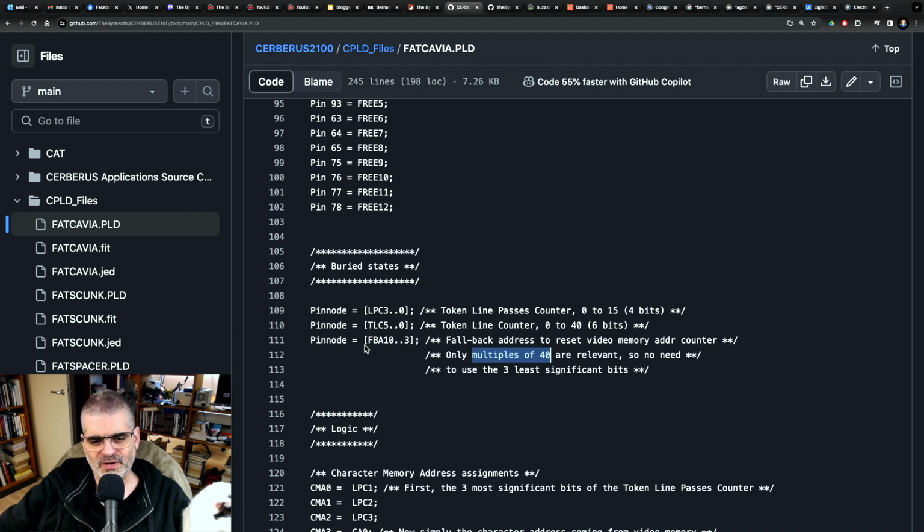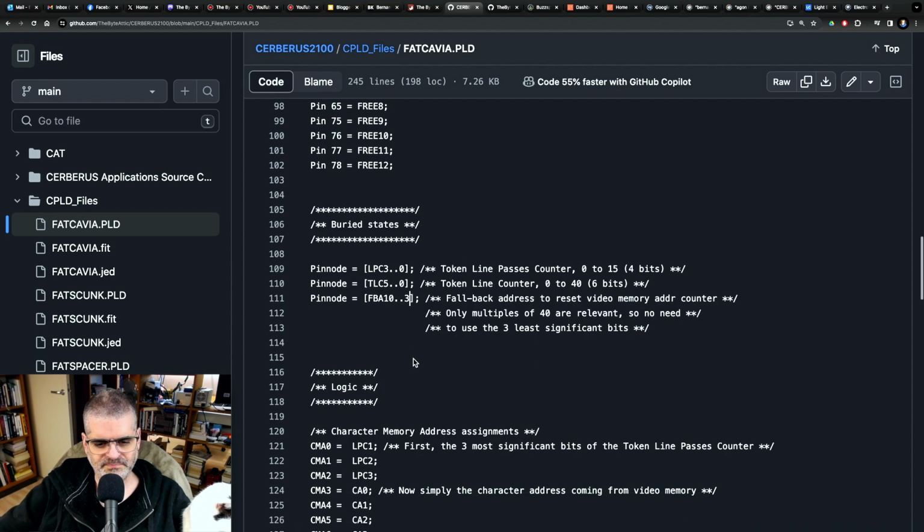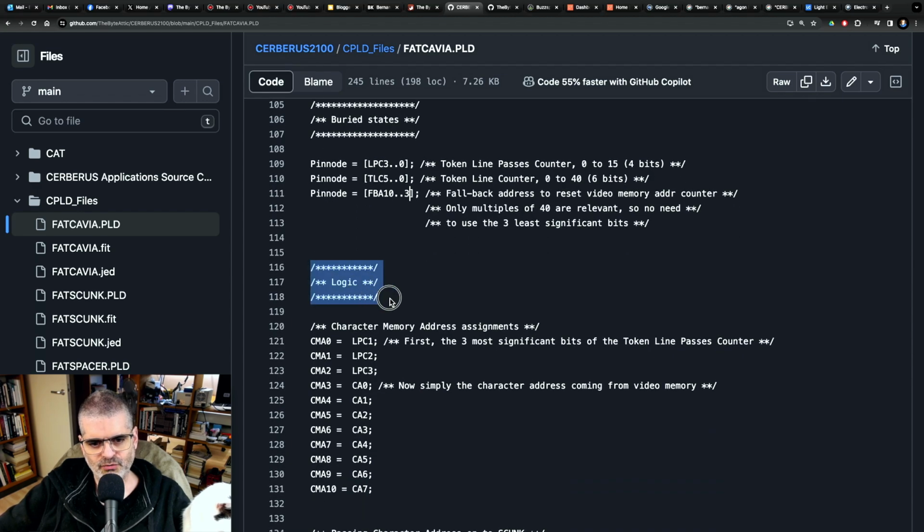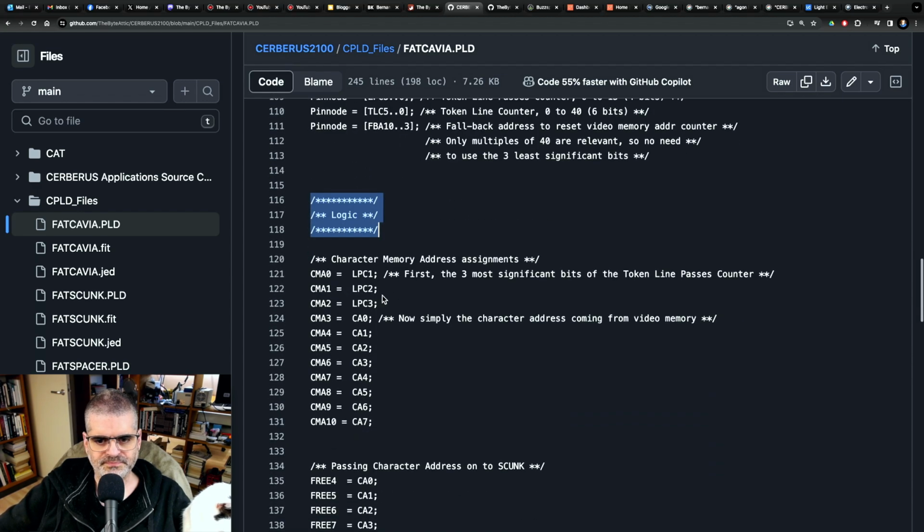Anyway, that's why I'm only declaring 8. But I call them FBA 10 down to FBA 3 in order to remind myself and remind you, if you're studying this file, that there are another 3 least significant bits that just happen to be fixed because these are all multiples of 40. Now comes the actual logic declaration.